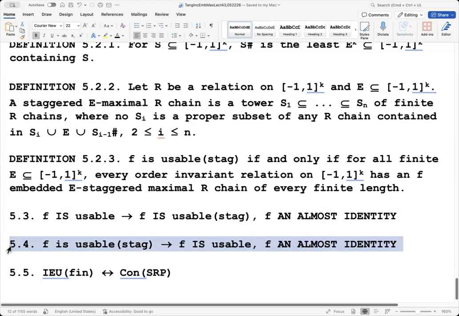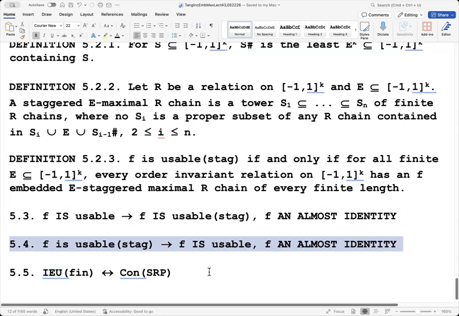But the idea is you have these longer and longer maximal chains. There's some theory every finite subset of which is consistent. So you can do this. And putting this all together, you show that IEU fin.